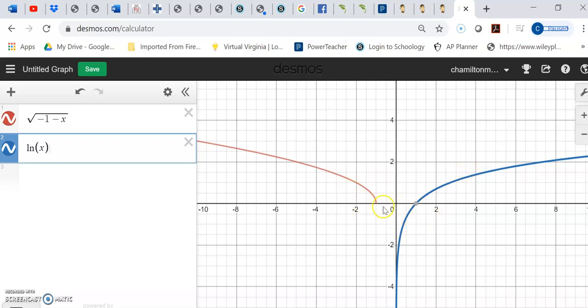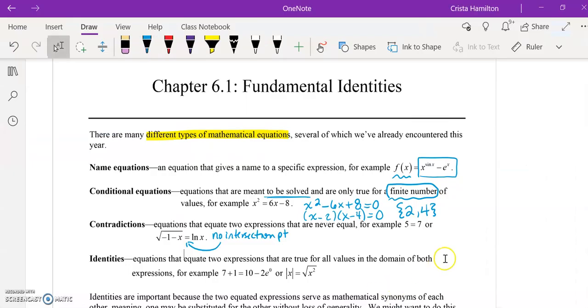We can see that they're never going to intersect each other. So there is no solution to this equation. Our solution set up here was 2, 4, but our solution set down here is going to be the empty set. There are no values that make them true. We could also use null set appropriately for that.